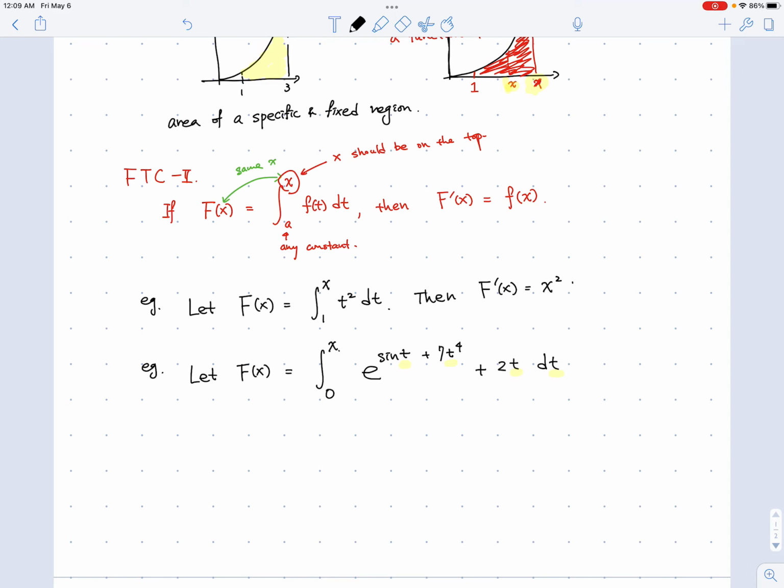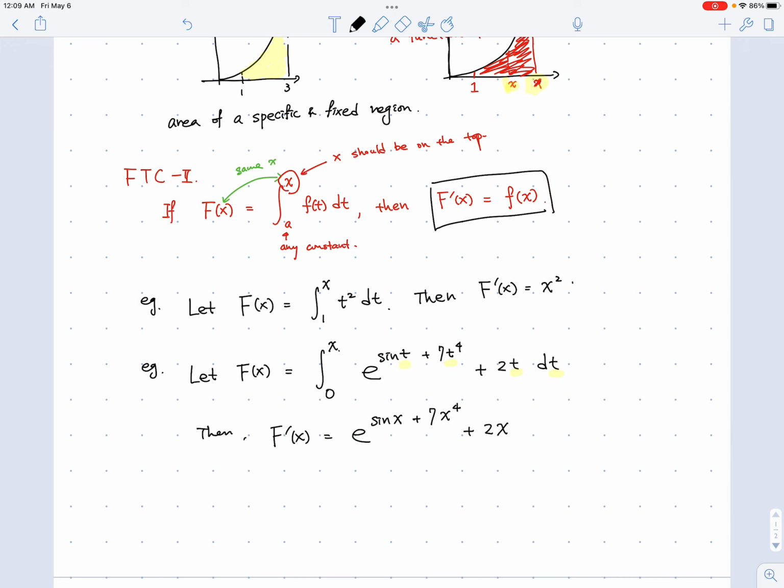All right. So this function looks very complicated. But if you look at the statement of the fundamental theorem of calculus, all you do is take the integrand and just write it out, but use x.